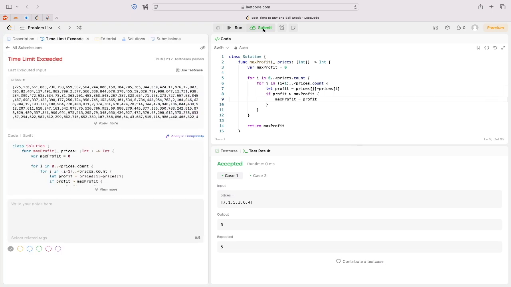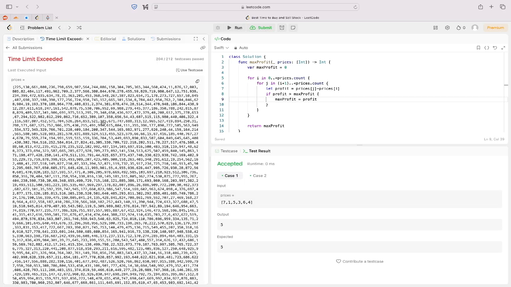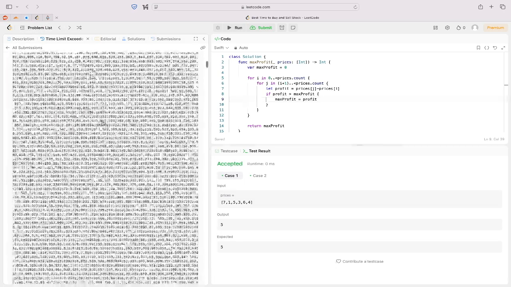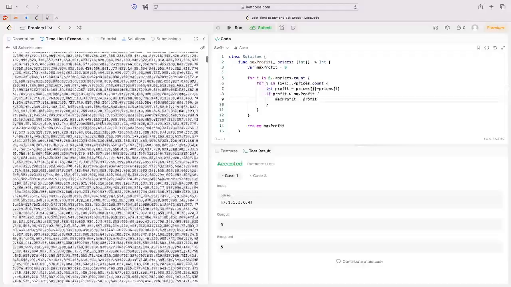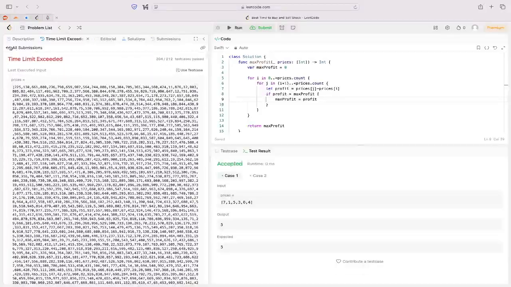Time limit exceeded. So we're taking too long. So that means on a big set of numbers, how can we improve this?